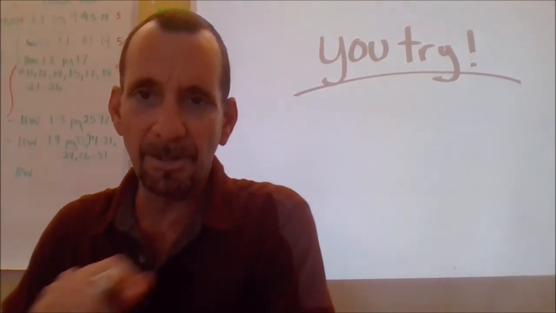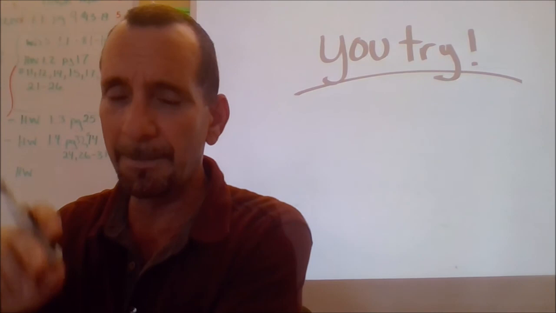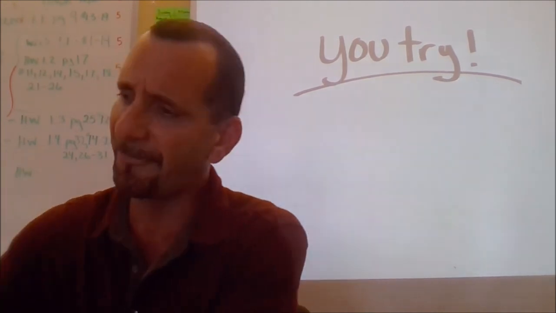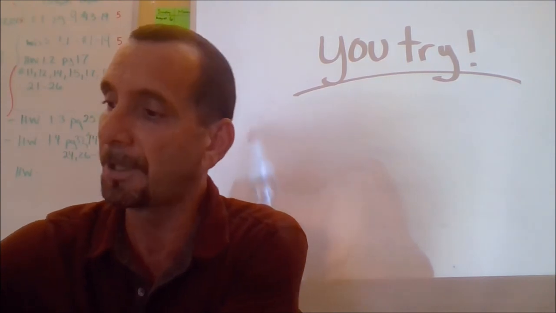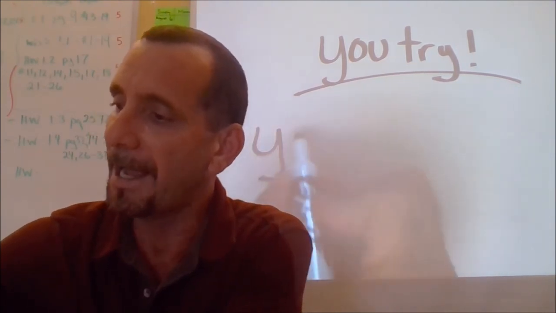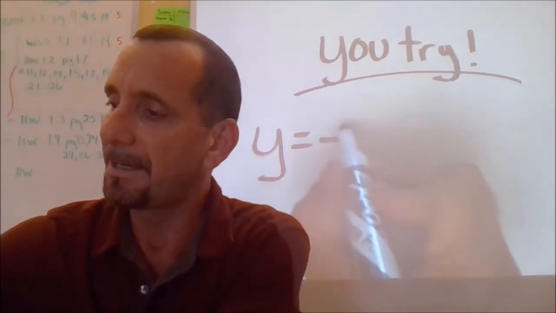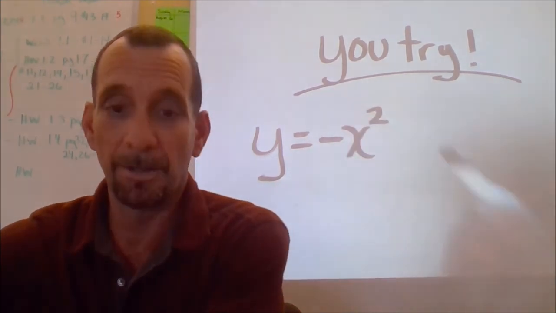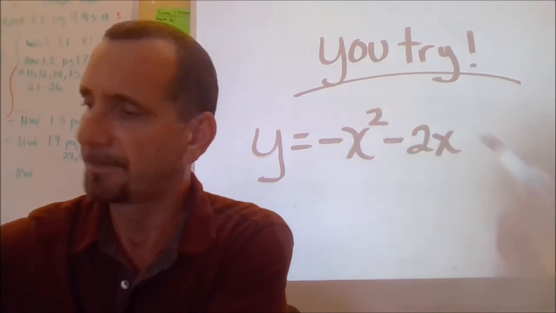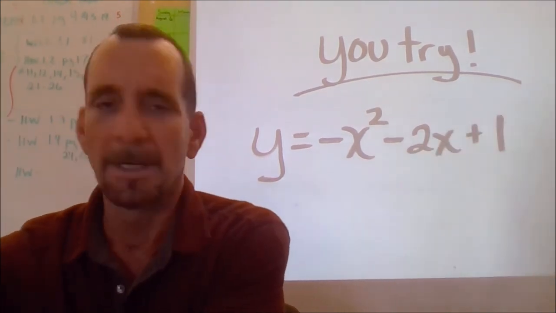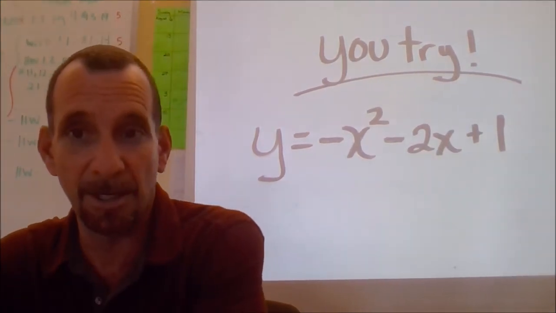So the ones I'd like you to graph on your own by really plugging in some points and finding that vertex, and then finishing it off using the axis of symmetry, we're going to do y equals negative x squared minus 2x plus 1. Try that one on your own. That's in standard form.